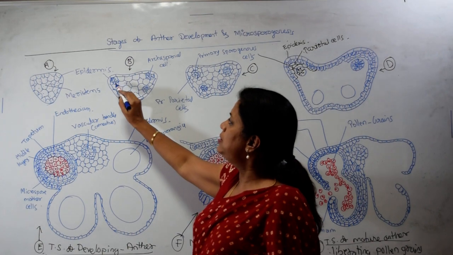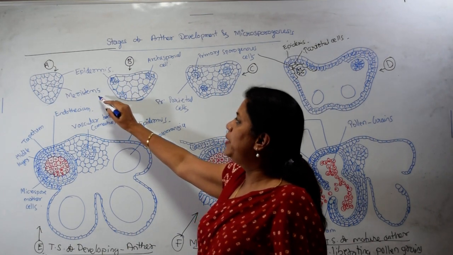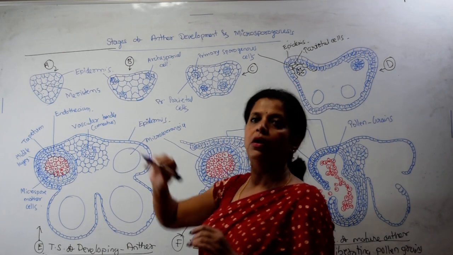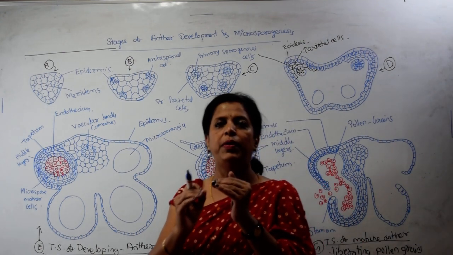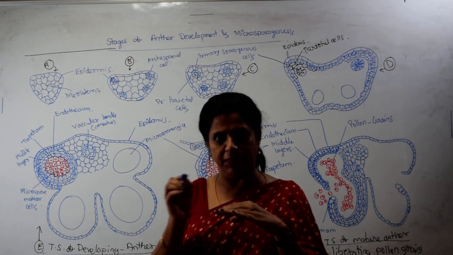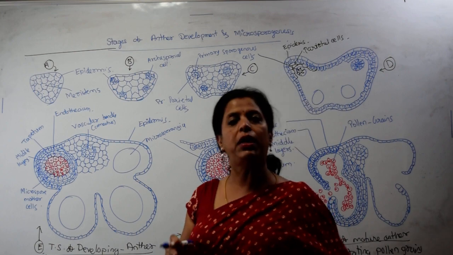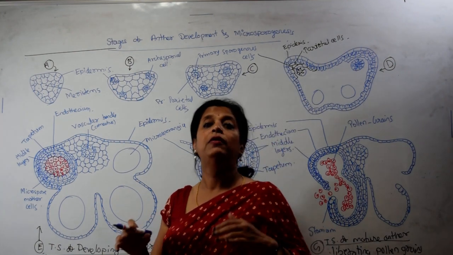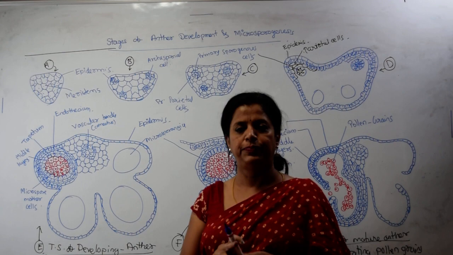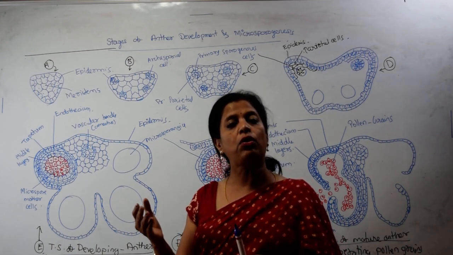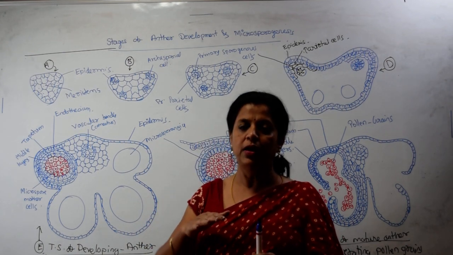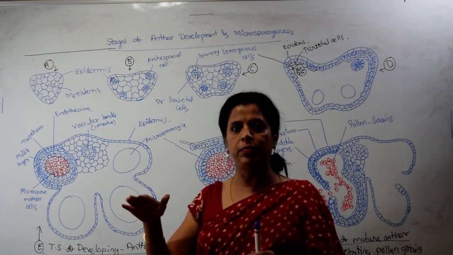Then the inner meristematic cells which are near the epidermis undergo periclinal division. Periclinal is horizontal division, anticlinal is longitudinal. See, whenever we talk about botany, the terms are different from zoology. In zoology, when we were talking about cleavage, I said meridional plane and equatorial plane.